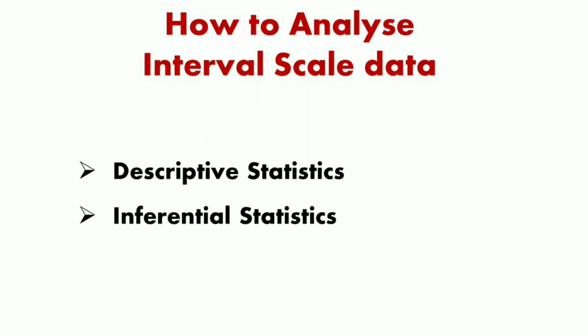Now see how interval data are to be analyzed and interpreted. Interval data can generally be analyzed and interpreted using two main statistical methods, namely descriptive statistics and inferential statistics. Which method can be used for analyzing an interval scale depends on the nature of the investigation being carried out.